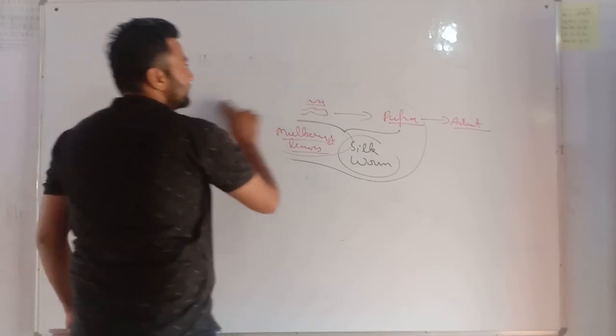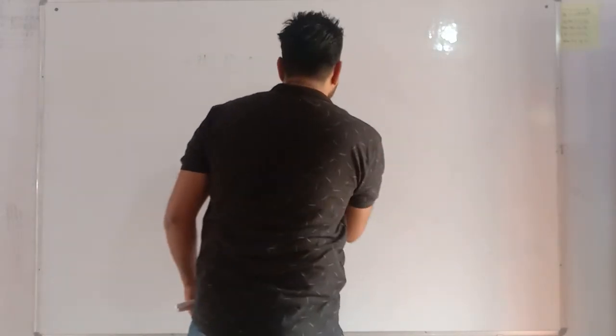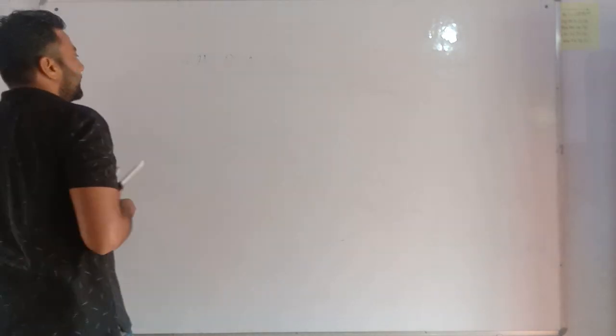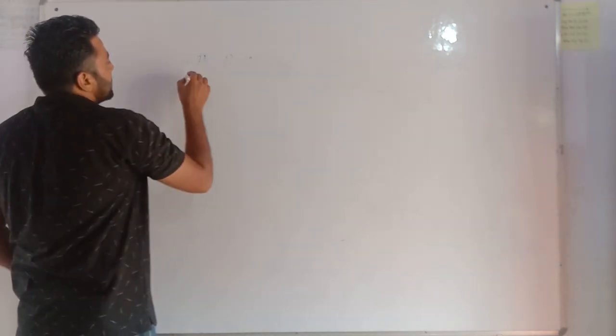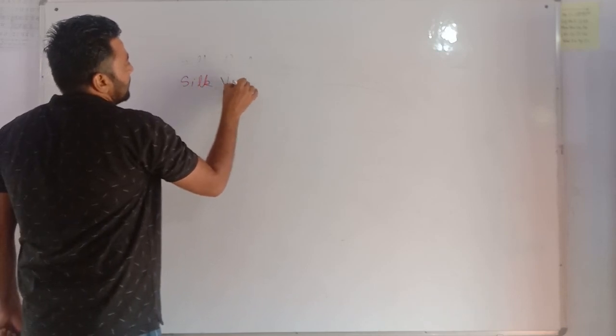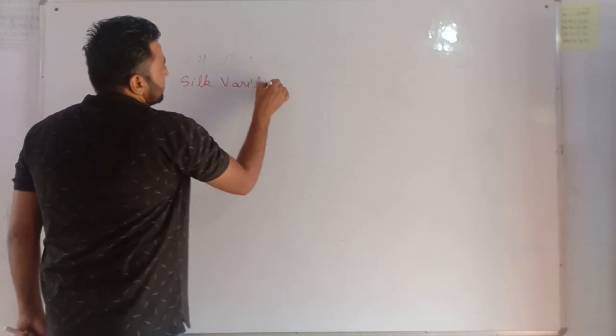See, my dear students, there are different types of silk present in our society, means in the market. The reason is that there are many varieties of silk. Basically, silk varieties.